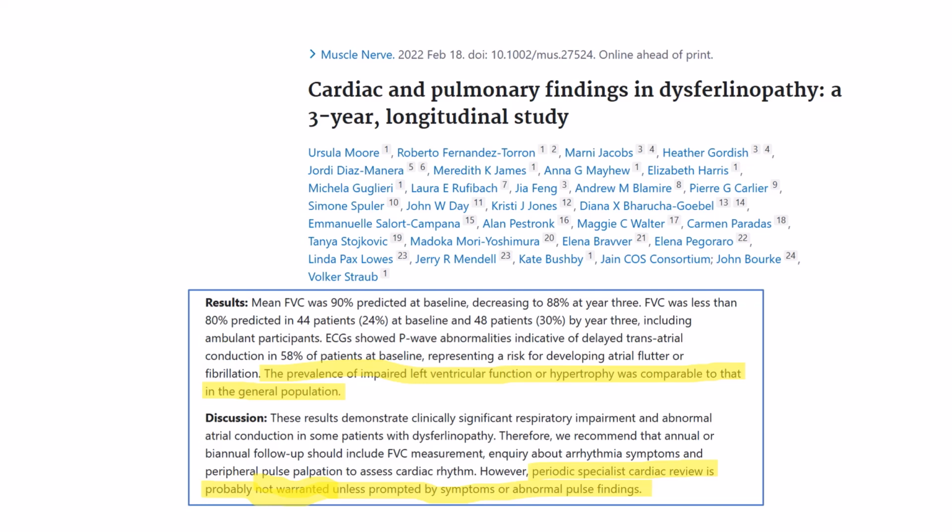And further, periodic cardiac review is probably not warranted unless prompted by symptoms or abnormal data findings. So there are isolated cases where there can be heart effects, but it doesn't seem to be a very prominent feature of the disease, even though a healthy person normally has a lot of dysferlin in their heart.